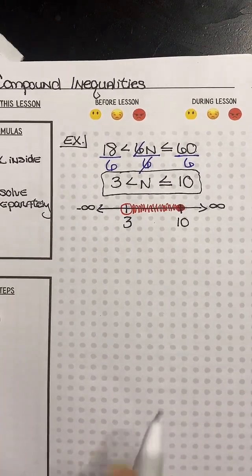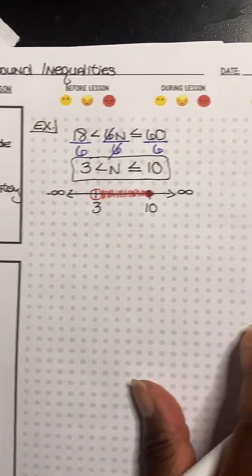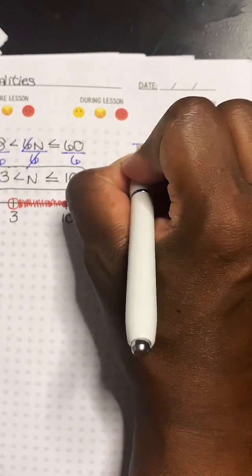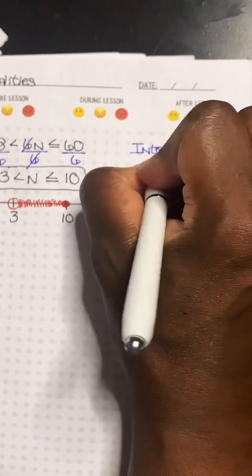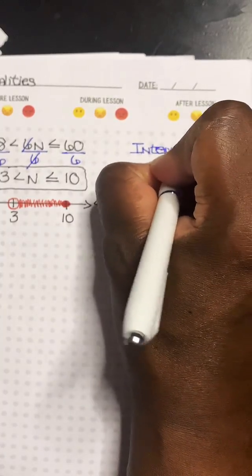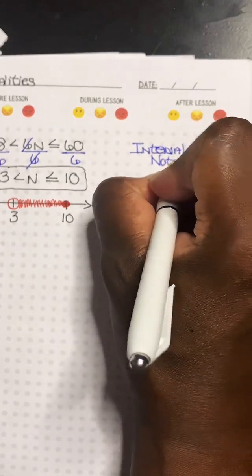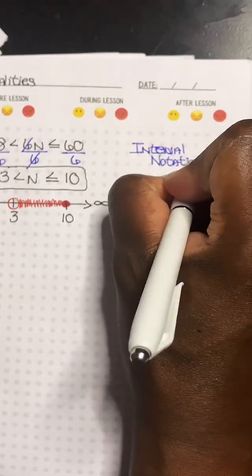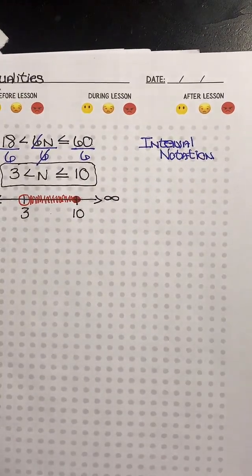All right. Now, before I go to the next part, remember there was something called the interval notation? Let me use this color. Because some people, and I think some teachers nowadays, are doing inequalities and interval notations at the same time.